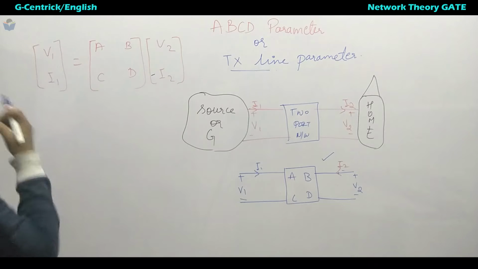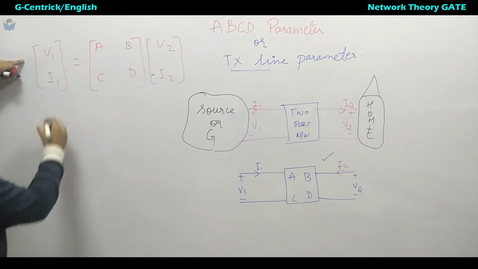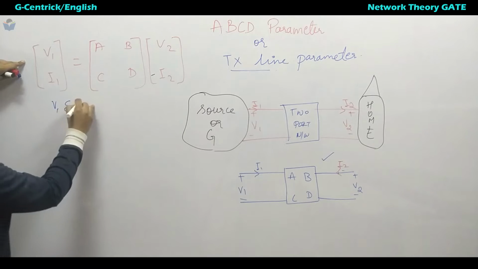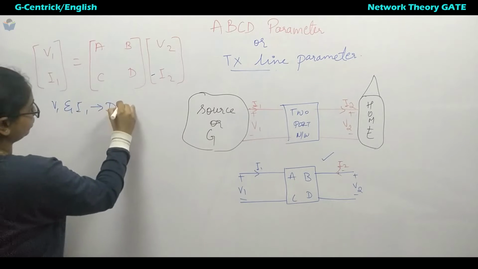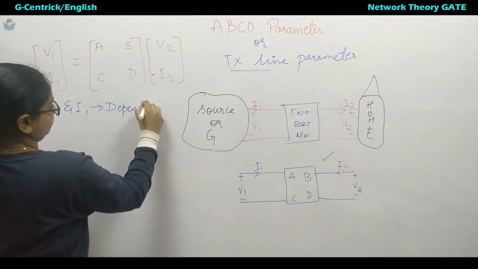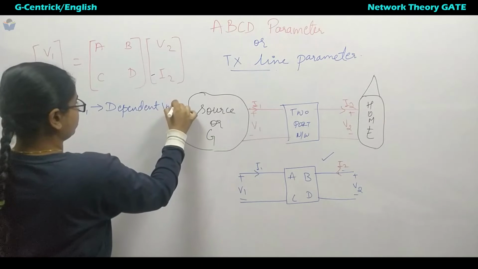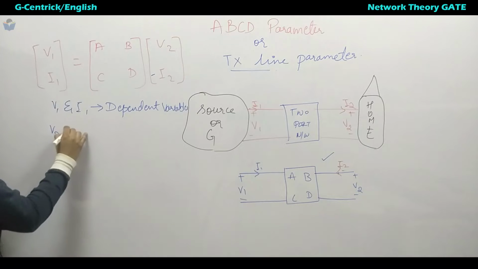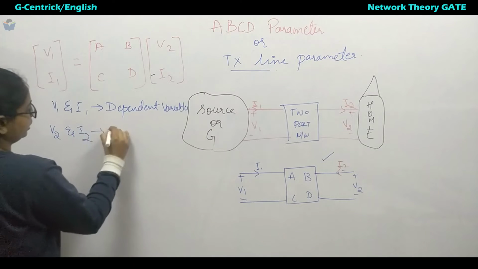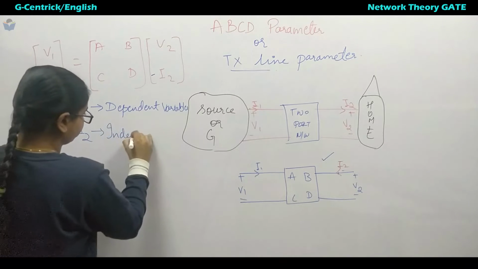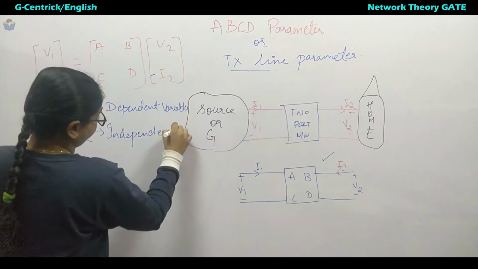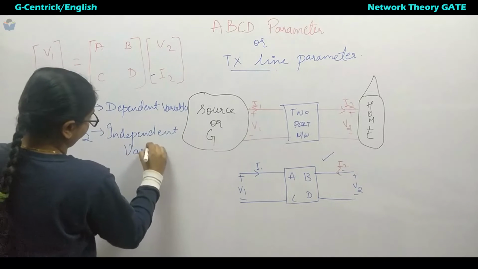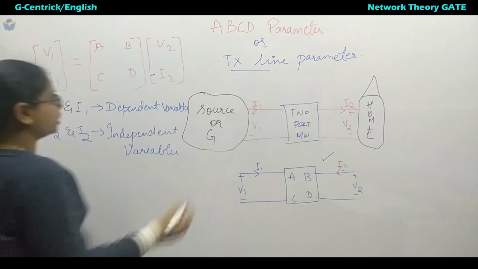Now if we have to write the equation for this one, what are these V1 and I1? They are the dependent variables. V2 and I2 are our independent variables. Now we will write the equation.